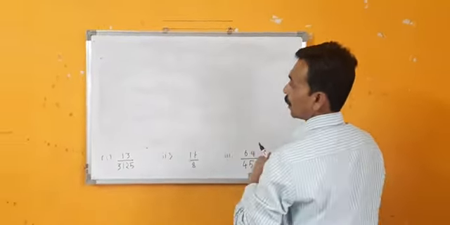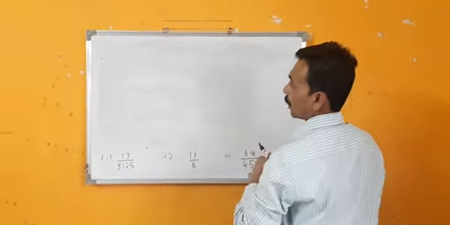First here, that is 13 upon 3125 is equal to, I will write here, 13 upon, what we have to do in such case, when we have to decide whether it is terminating decimal expansion or not, find the prime factors of the denominator. I will find here the prime factors of the denominator, 3125. We can do it in rough column also.